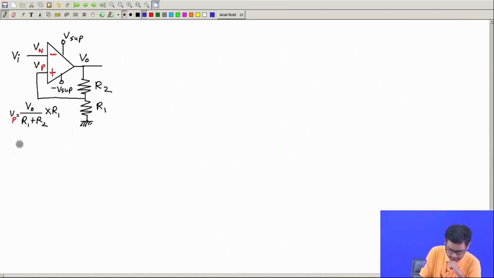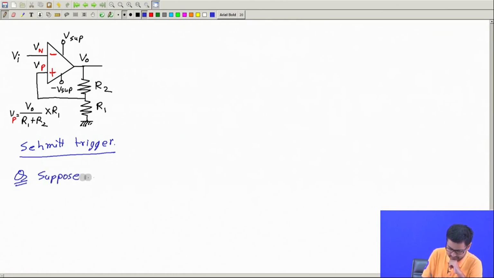Okay. So now this is our Schmitt trigger. Let us ask a question. So the question is, suppose at any moment VO is equal to plus V supply.